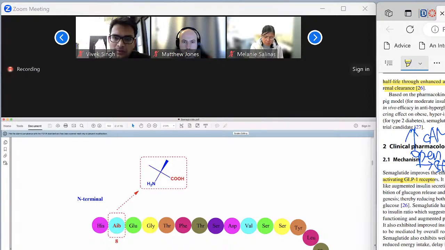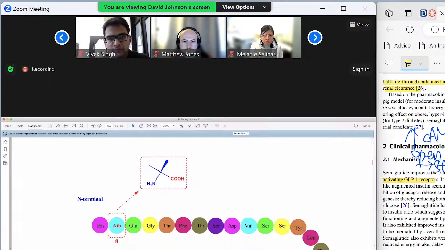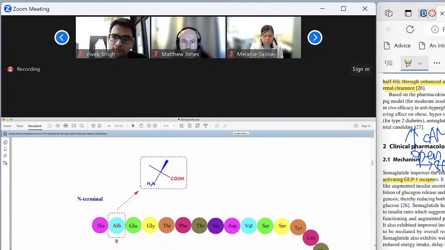A major advantage of this drug is that unlike many other hypoglycemic agents, it does not produce hypoglycemia as an adverse effect. So it has some safety advantages over other types of oral anti-diabetic agents.